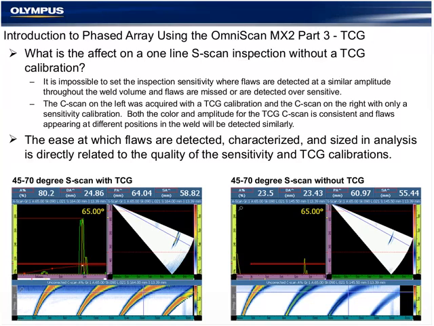Without the TCG, as we see here, the shallow side drilled hole, and this is 45 millimeter, this is 45 degrees, 70 degrees. And then this is the 12 millimeter and the successive deep holes.